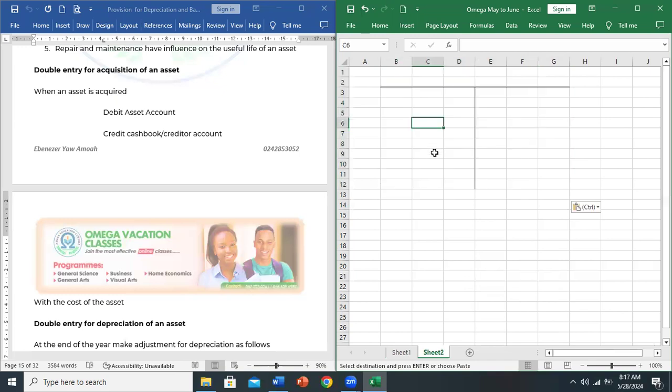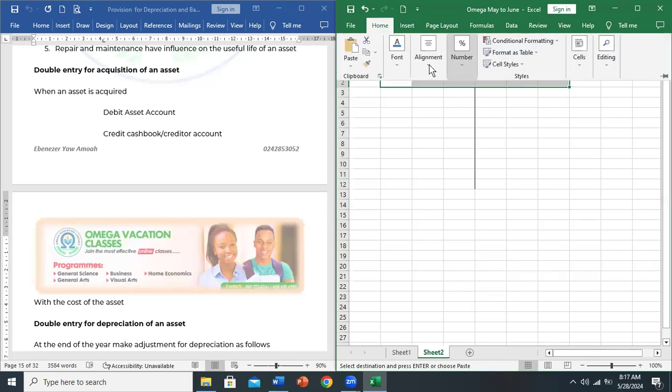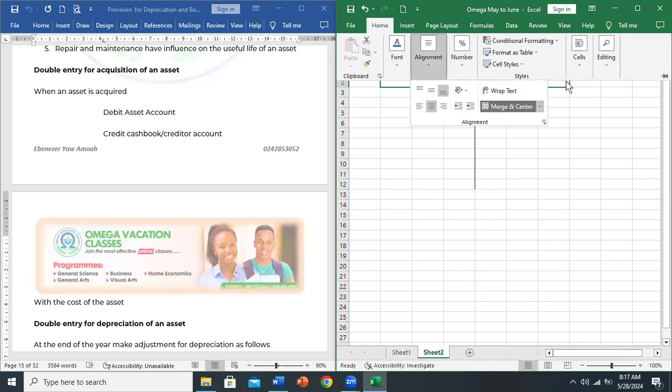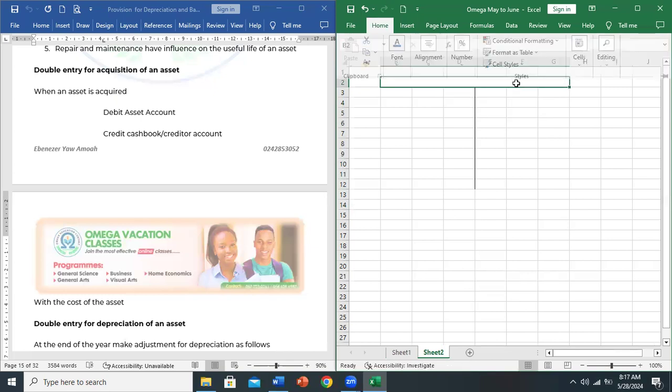Okay, so let me put in the title of the account. That's the shorts account. Okay, so this is the asset account, shorts account.